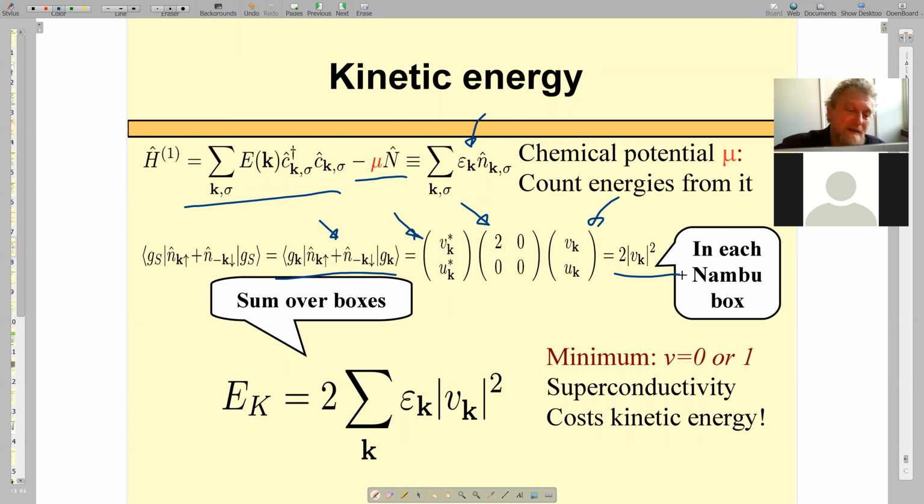Let us see. If I look at this expression, I would say that for positive epsilon, v should be very small, as small as possible, 0. I want to reduce the energy for each k. But if epsilon is negative, in principle, I could increase v farther and farther, but it stops somewhere.